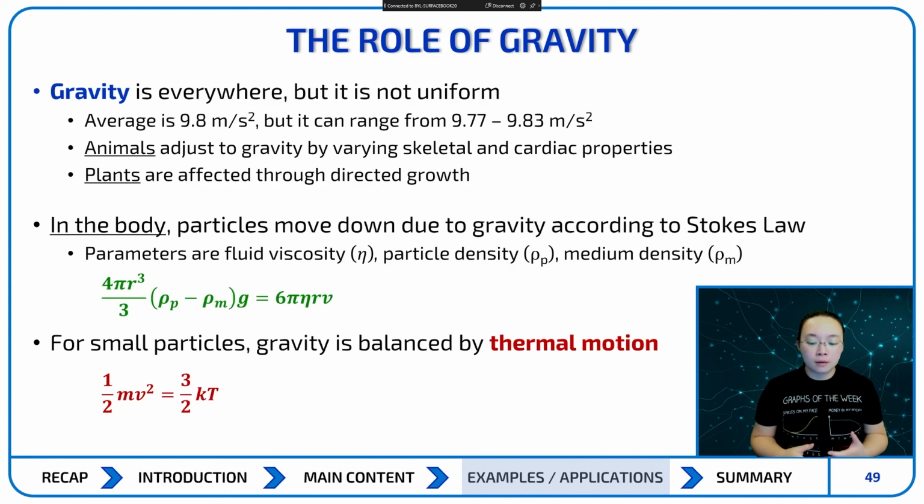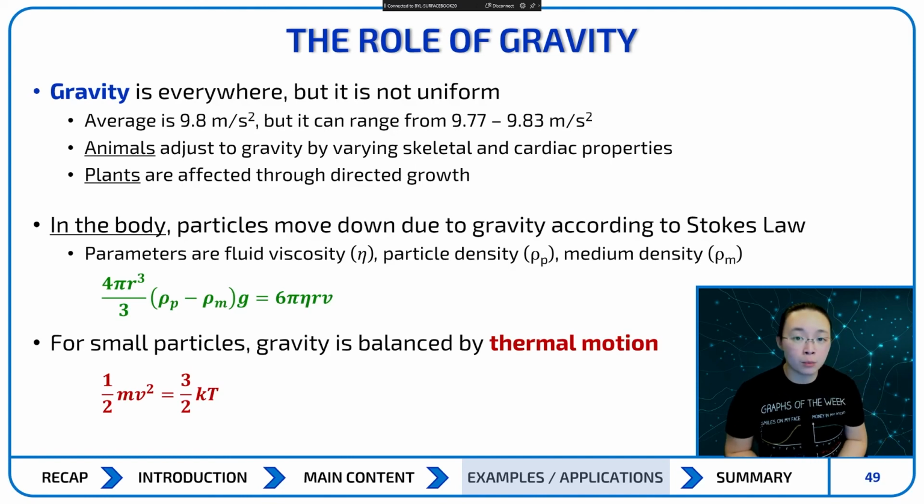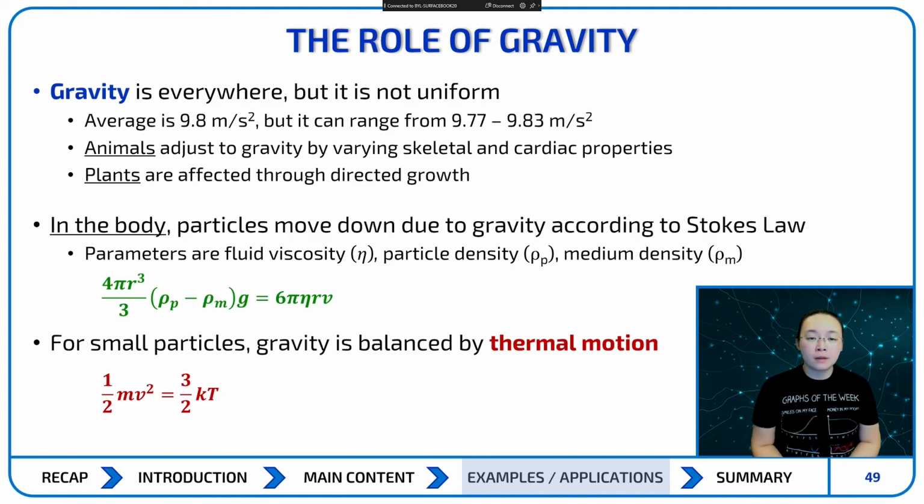So now, wrapping up the 3 types of locomotion that we talked about on land, in water, and also in air: gravity was present in all of them, so we have to consider the role of gravity in each. One of the things that's important to understand is gravity is not uniform for all these different situations.